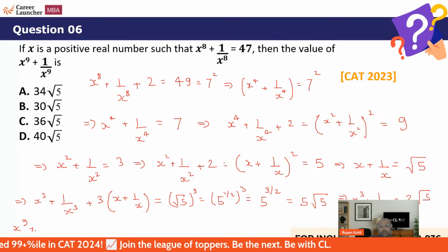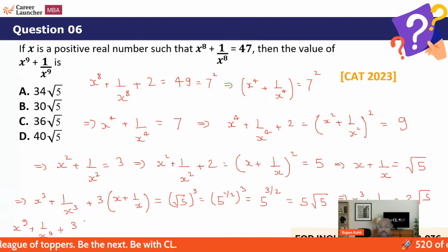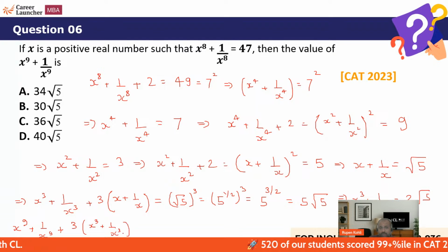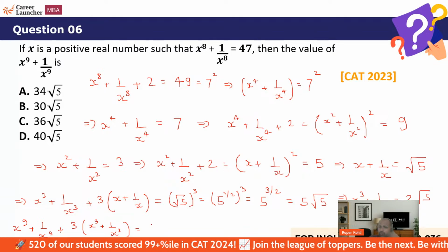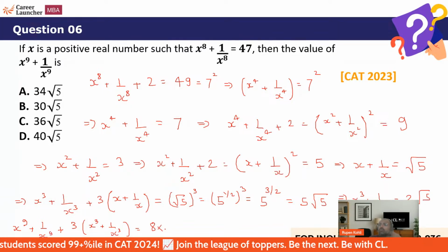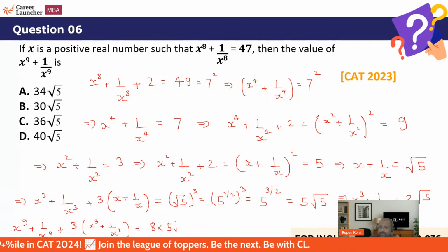So cubing this equation, we get x^9 plus 1 by x^9 plus 3 into x cube plus 1 by x cube. Remember, we are cubing this equation over here, equals 2 root 5 whole cube, which is 2 cube, 8, into root 5 whole cube, which is 5 root 5. So this is 40 root 5.